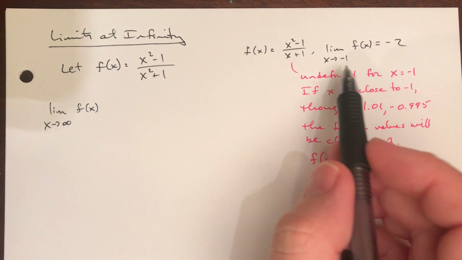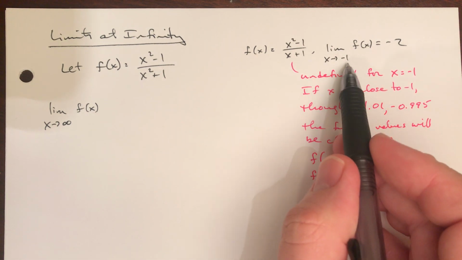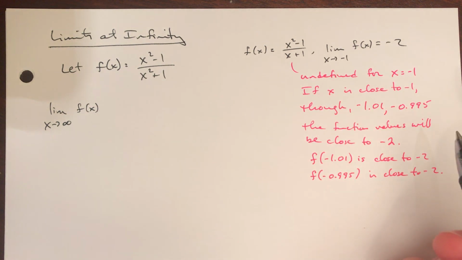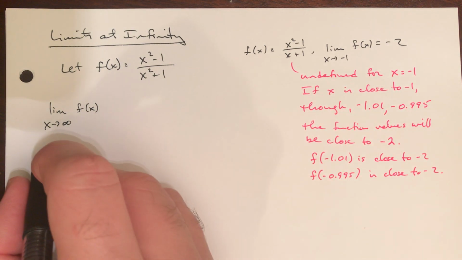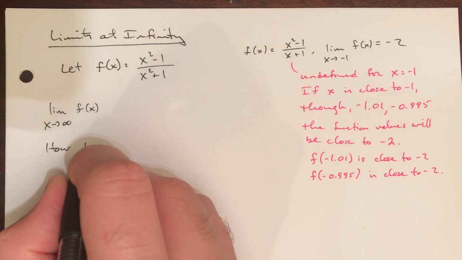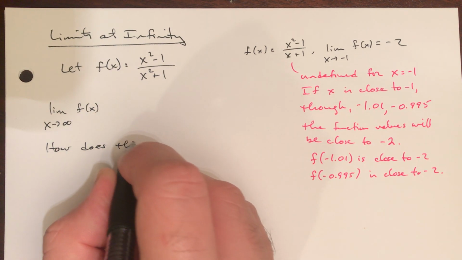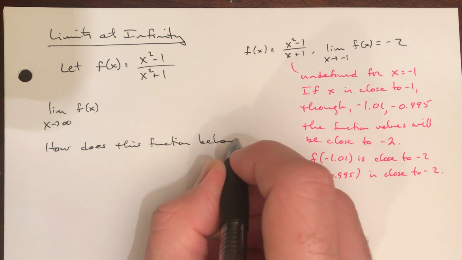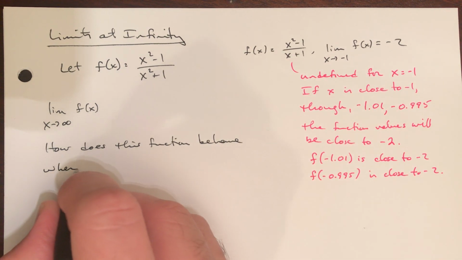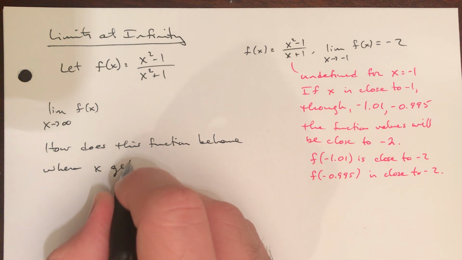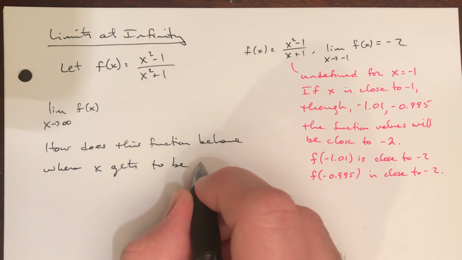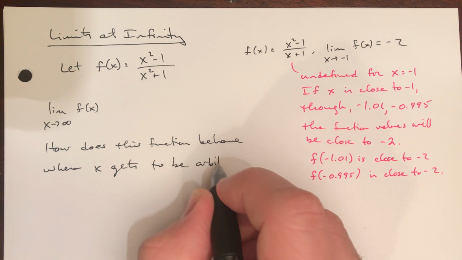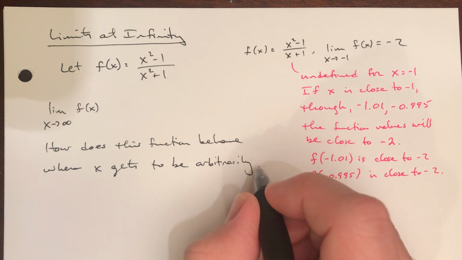And so rather than x being very close to something like negative 1, when we want the limit at negative 1, we want to know, how does this function behave when x gets to be arbitrarily large.